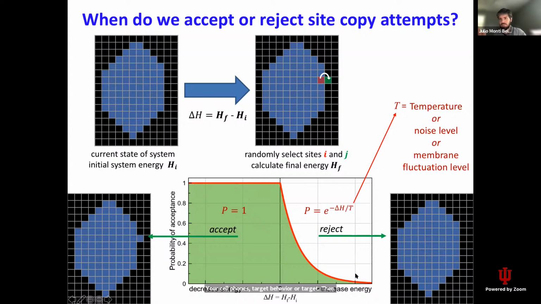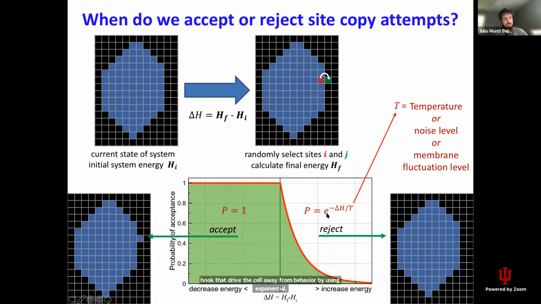You don't want the cell to change its shape in that way. So the way we do this, we just calculate the probability of accepting a pixel copy that drives the cell away from its behavior by using an exponential, right?